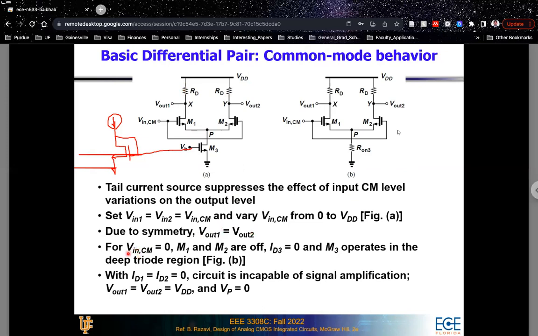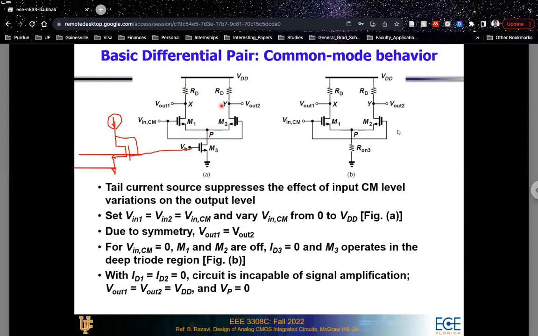Now, when your Vin CM is equal to 0, both M1 and M2 are off, because your gate voltage at the input is equal to 0, which is equal to the ground potential. Which means that if the VGS of the M1 or M2 transistors needs to be more than VT, then the voltage at point P has to be negative.